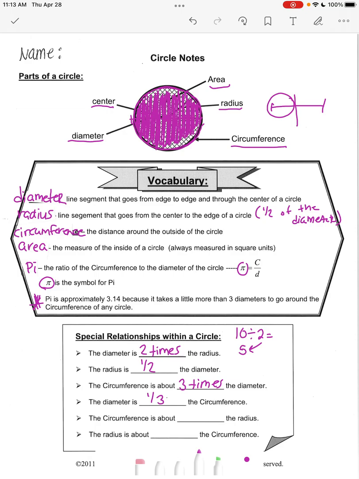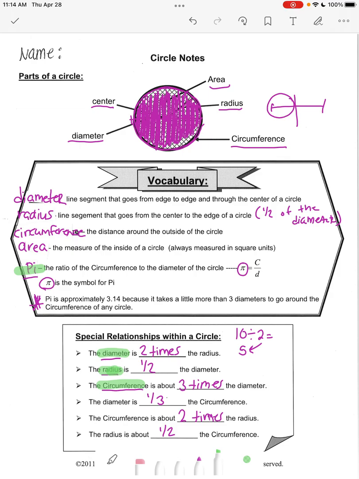The circumference is about 2 times the radius, and the radius is about half the circumference. So these are the key words that you're going to need for this unit: diameter, radius, circumference, and pi to start. That is what we are going to need to kick off this unit.